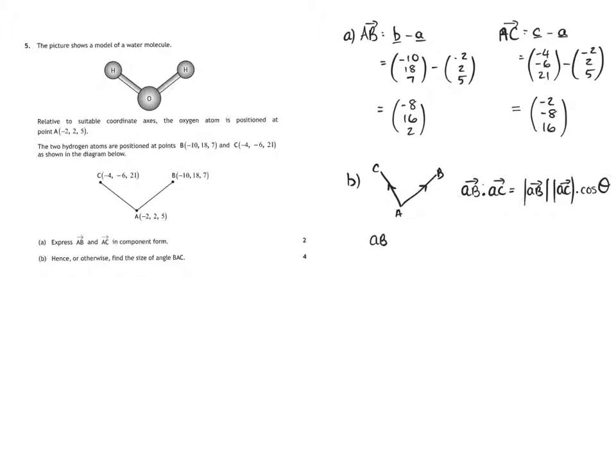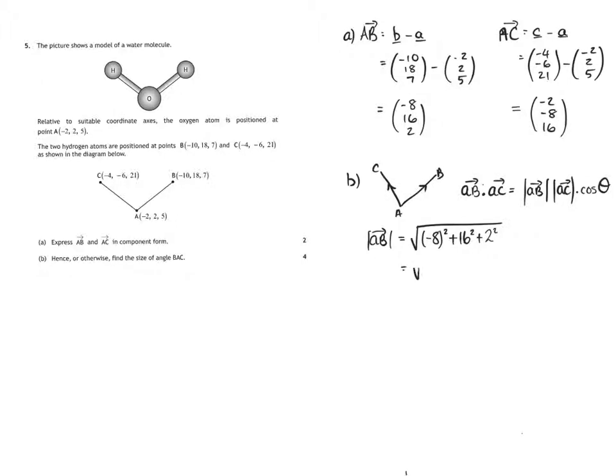So we have to find our scalar product. AB dot with magnitude of AB even, we'll do that first, is equal to the square root of minus 8 squared plus 16 squared plus 2 squared.